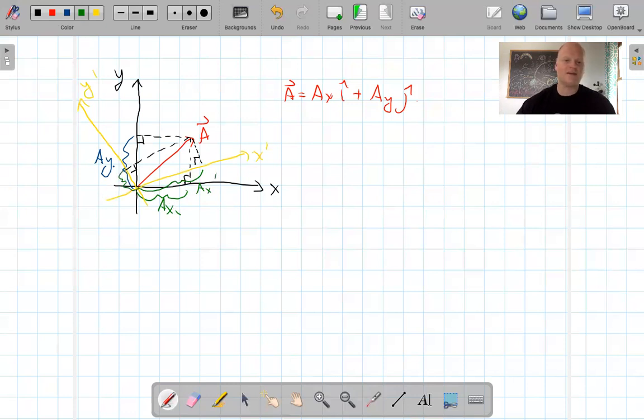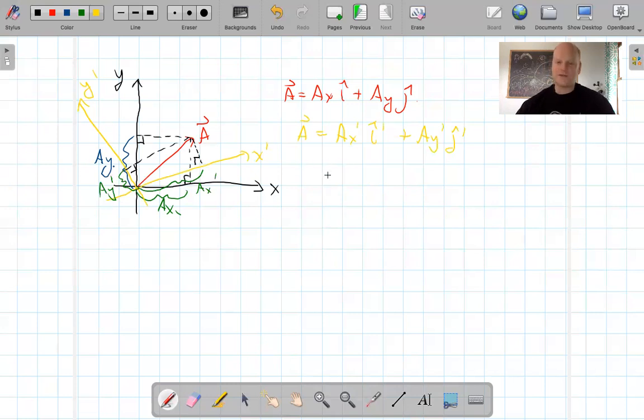And this amount here is the amount in this direction, which is AY prime. So this observer, the yellow observer here, would say that the vector A is actually specified by AX prime in the i prime direction plus AY prime in the j prime direction.